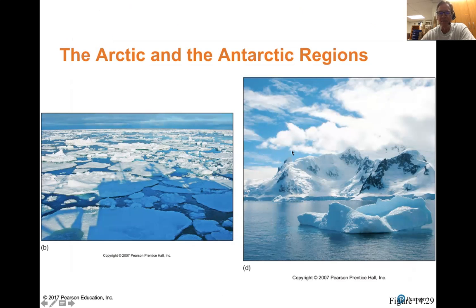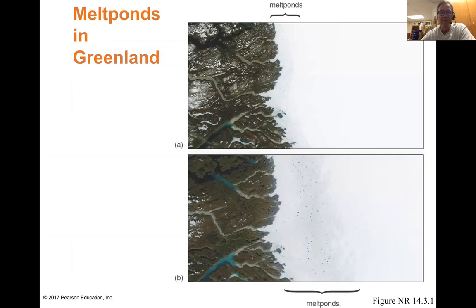And you can see how the ice sheets are starting to break up in the Arctic and Antarctic regions. And so here's the ice sheets, and again you can see these melt ponds, and when you melt the ice, the water will store heat and it will just keep melting the surrounding ice until all this is gone.